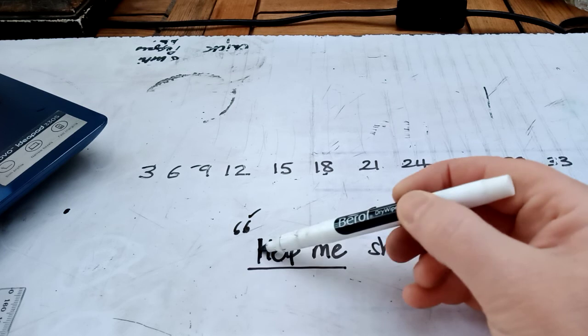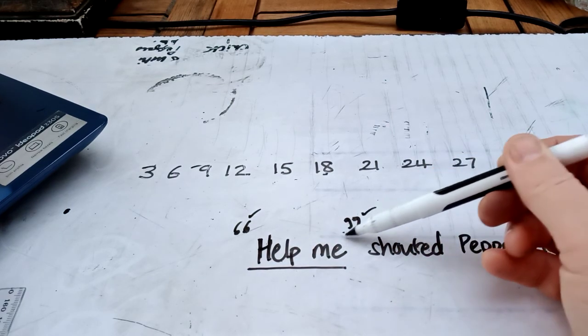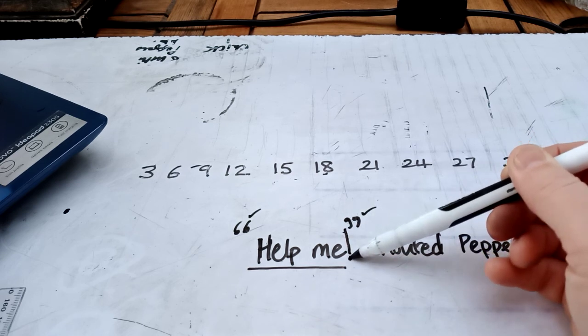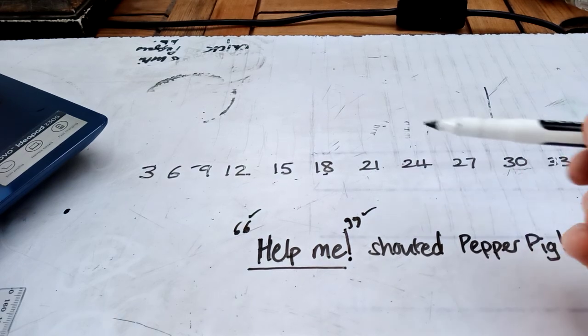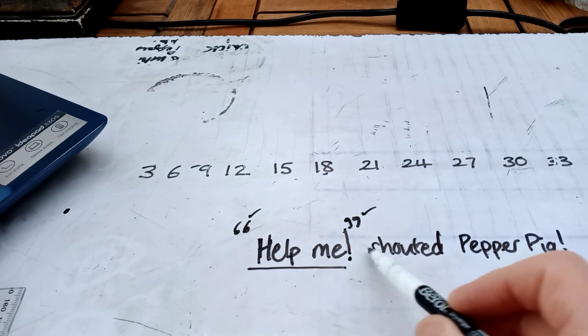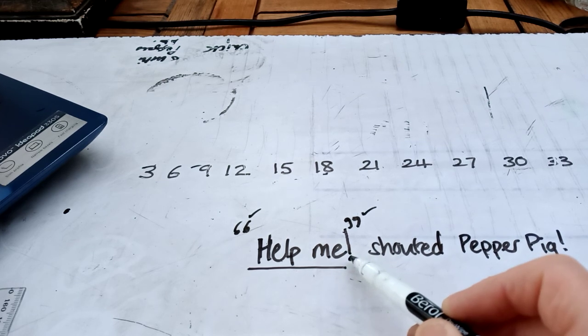We need a capital, and tucked inside here, not here, but tucked inside needs to be a closing punctuation here. So I'm going to put an exclamation mark again because help me sounds like it needs one. The next letter is a little letter. It sounds a bit weird and feels a bit weird putting a little letter next to a punctuation that closes a sentence.